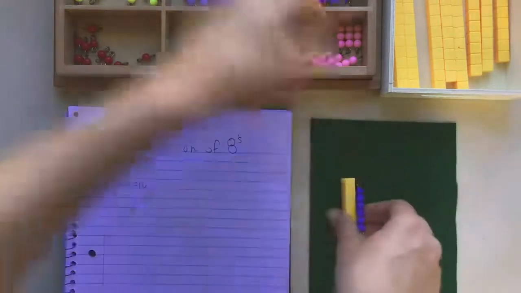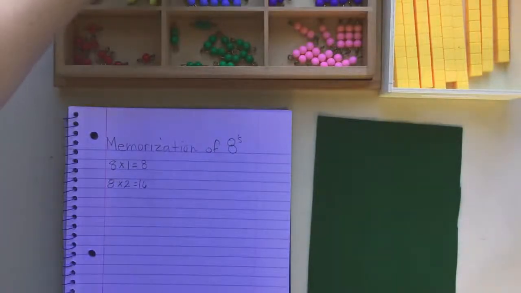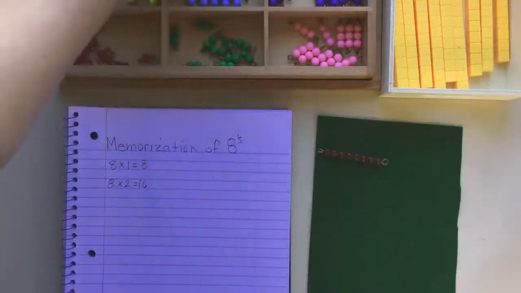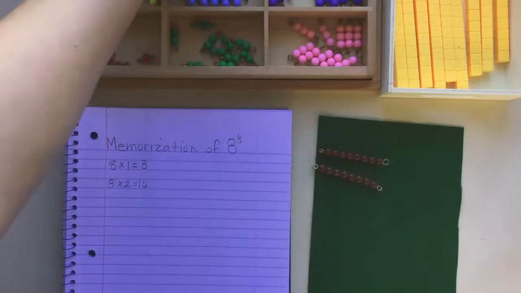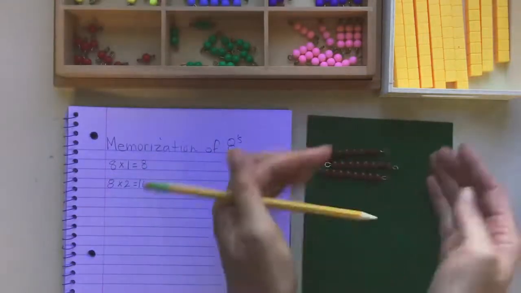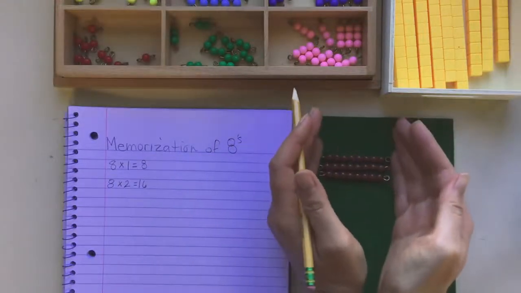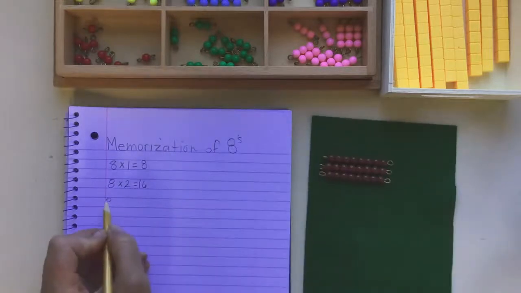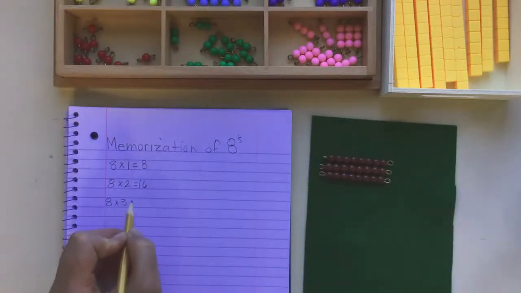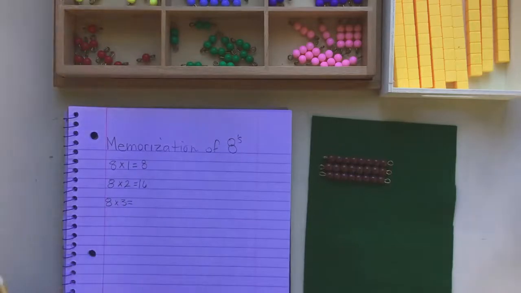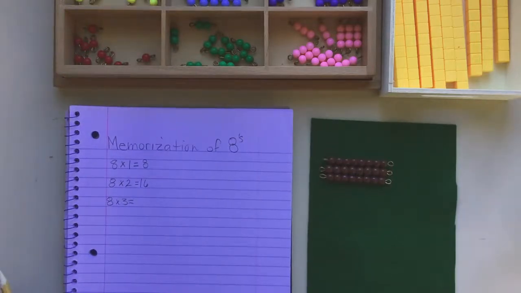Okay, let's do one more. What would be next? 8 taken 3 times. Okay. And we can record that. 8 times 3 equals, and what do we have? 24.